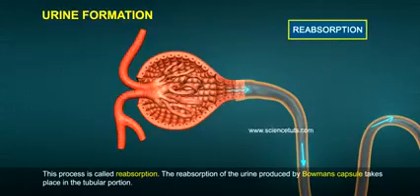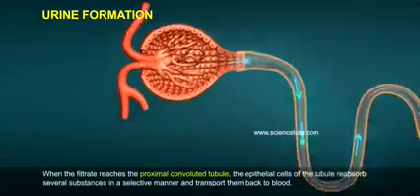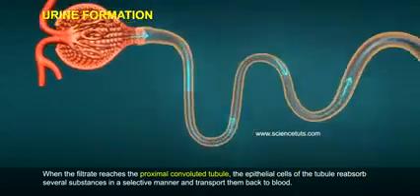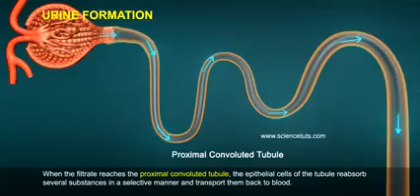The reabsorption of the filtrate produced by Bowman's capsule takes place in the tubular portion. When the filtrate reaches the proximal convoluted tubule, the epithelial cells of the tubule reabsorb several substances in a selective manner and transport them back to blood.